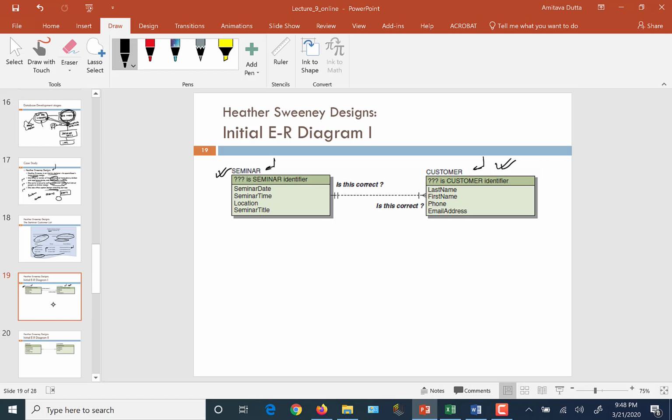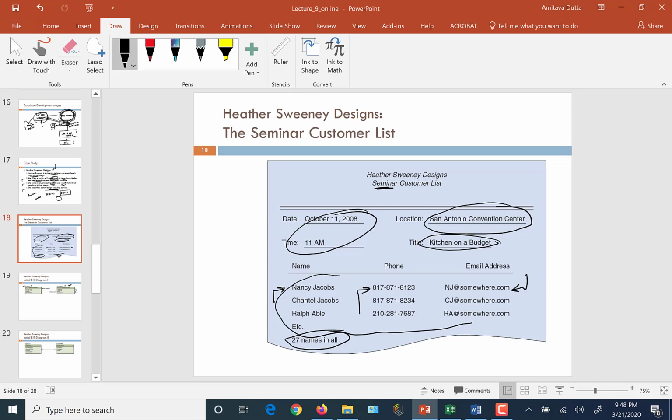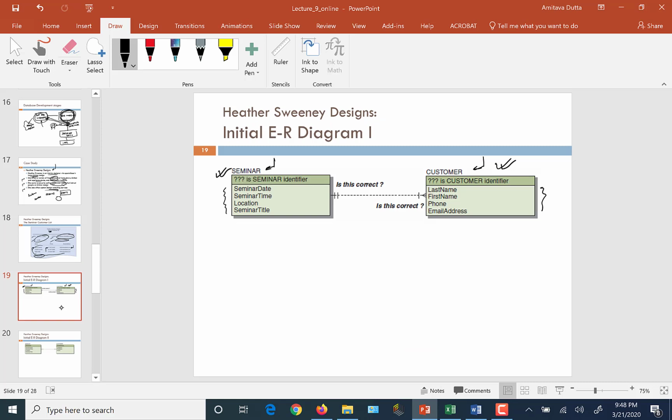And here you can see a few attributes for each of these entities. Where did these attributes come from? You go back to that sheet. You can see that this particular seminar had a date, a time, a title, and a location. So there's a seminar title, location, time, and date.